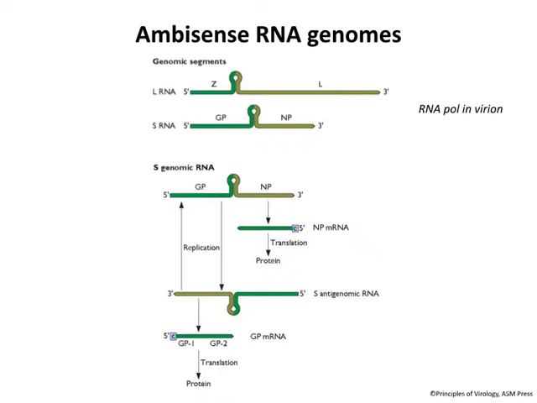And the L protein is the RNA polymerase of the virus. So the polymerase is needed in the virion so that you can access this L gene. So it makes a subgenomic mRNA for the L and also for the NP. So part of the genome can be translated, but it's not enough to kickstart replication.